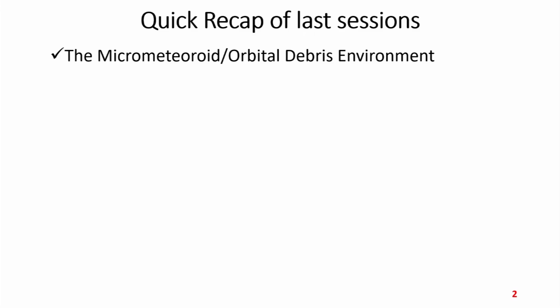The other topic we discussed is the micrometeoroid or orbital debris environment, where one phenomenon happens, the hypervelocity impacts. When the velocity is something like 3 km per second to a few tens of kilometers per second, it is called hypervelocity.